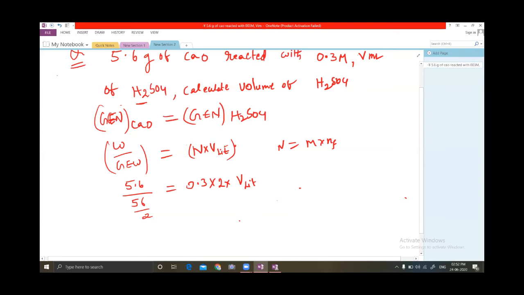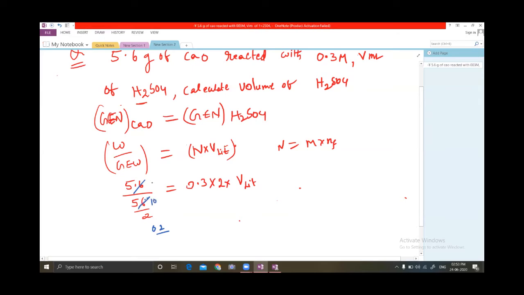Weight by equivalent weight, 56 by 2. Is it correct? I think so. We can cancel here. 2 will go up. This is 2 by 0.1. Sorry, 1 by 10 means, yes, this is 0.2 you are getting, sir. Or you can cancel here. 1 by 10 you will get.